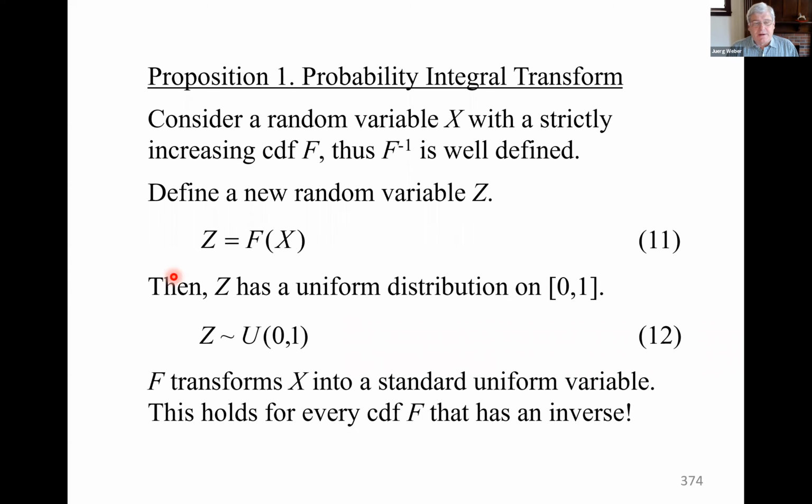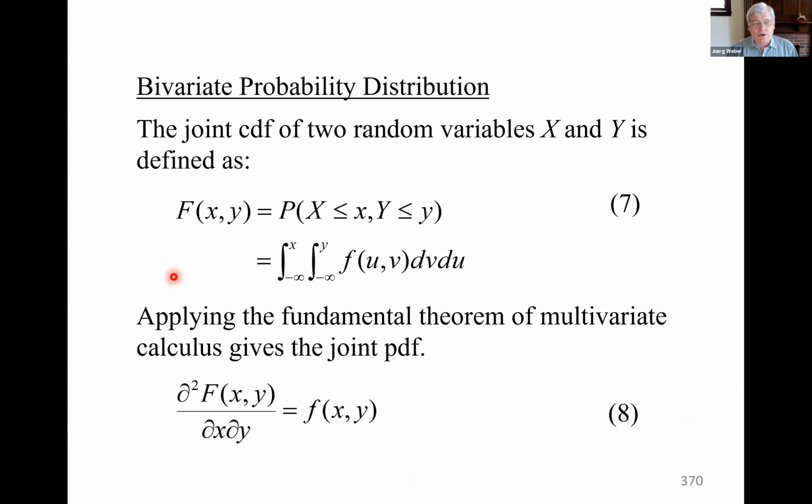On purpose, I'm a bit slow here. So here for F, x and y, probability x smaller than critical value, probability y smaller than critical value.